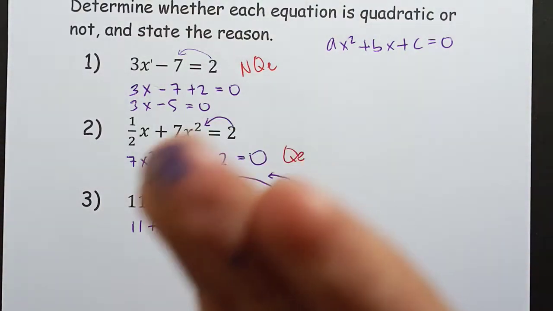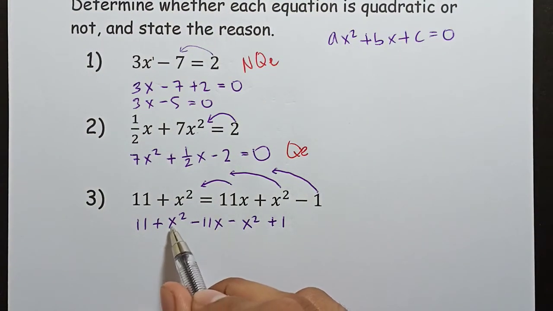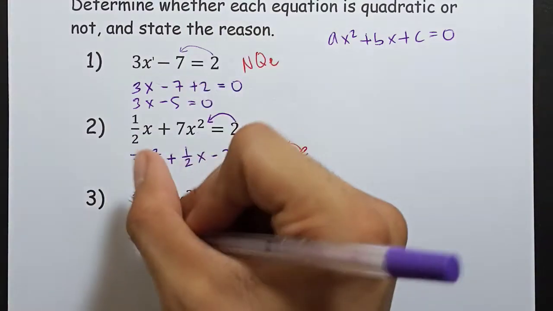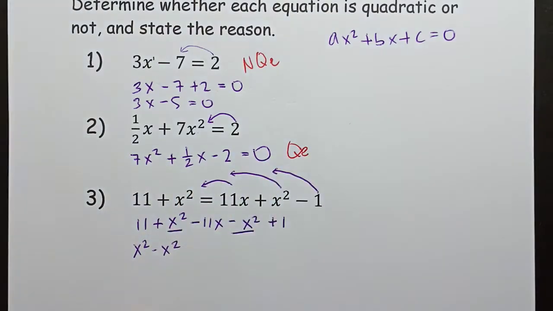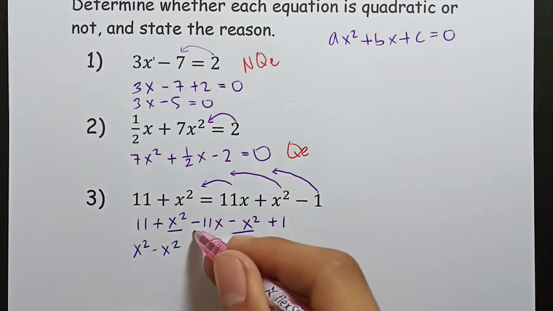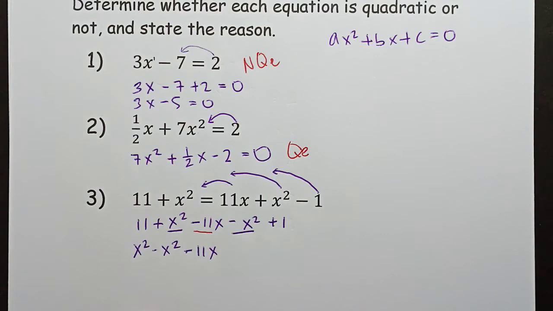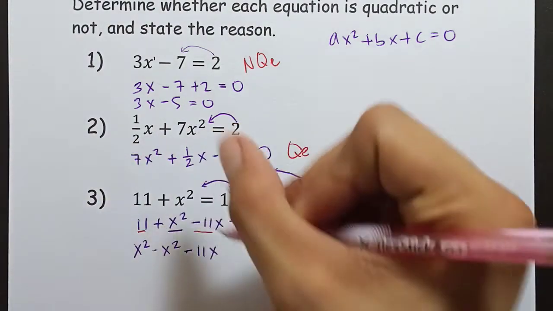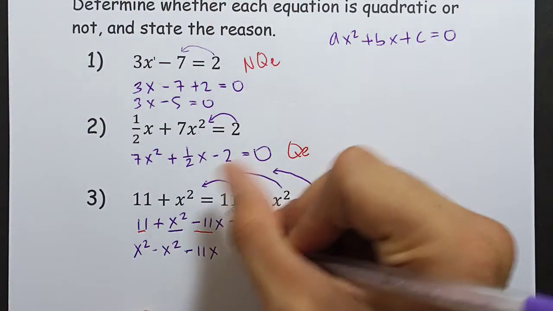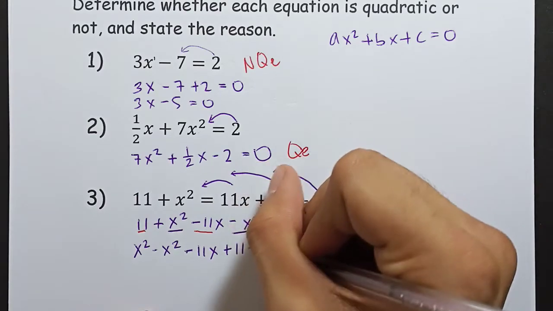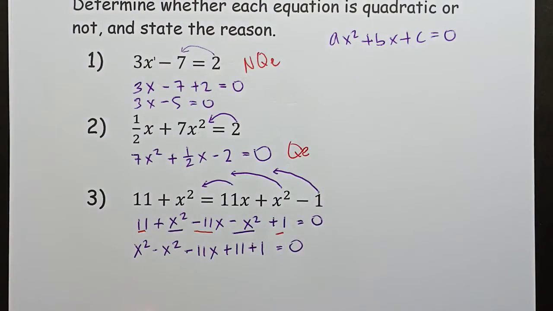Then, pagsamahin natin yung mga terms na magkakatulad. Unang-una ay si x squared and negative x squared. So, we have x squared and minus x squared. Then, we have negative 11x, minus 11x. Then, si 11 at si 1, pare silang numerical, pare silang constant. Plus 11 plus 1 equals 0.